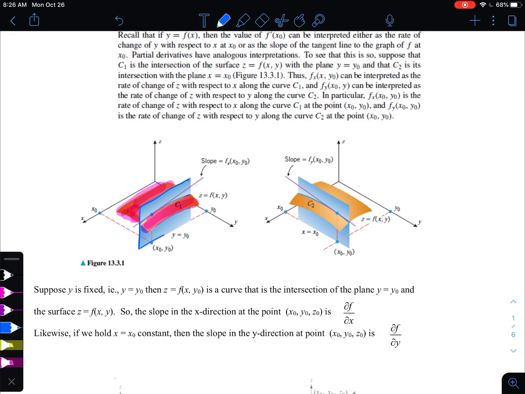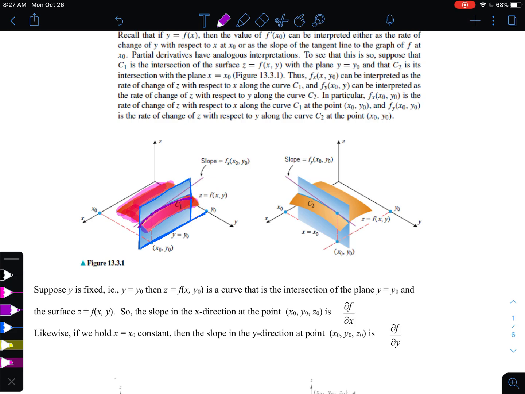And that created a plane, an extrusion of the line y equals a number in the xy plane. In doing that, if we let y equal a constant, we cut the surface at a certain location. That gives us a two-dimensional curve.